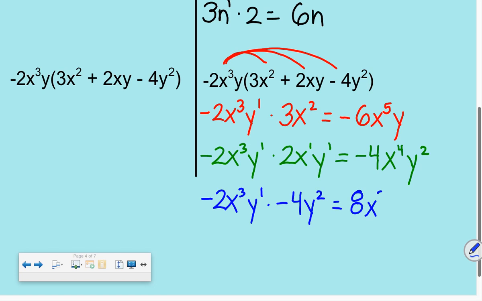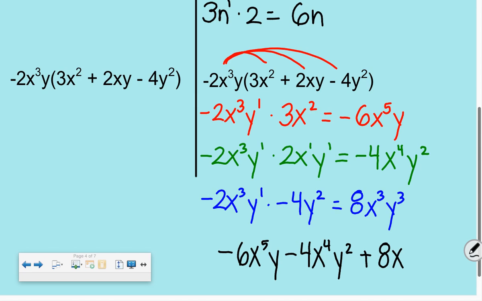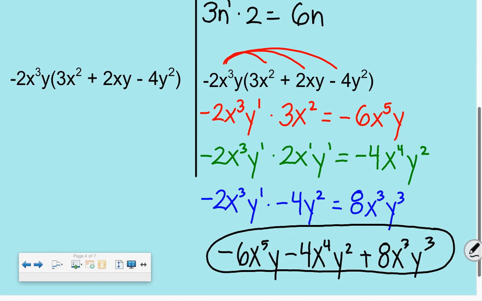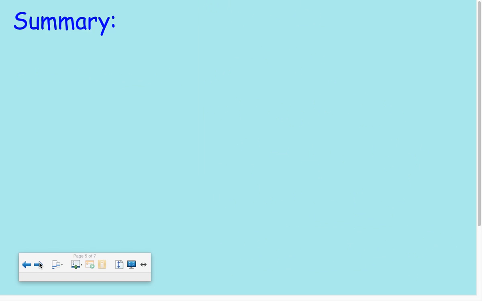X to the 3rd, and there are 3 y's. So then my answer is negative 6x to the 5th y minus 4x to the 4th y squared plus 8x to the 3rd y to the 3rd. Summary.